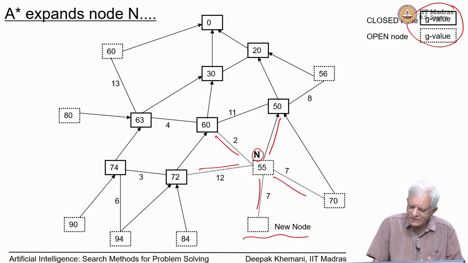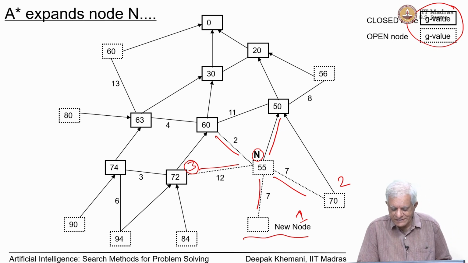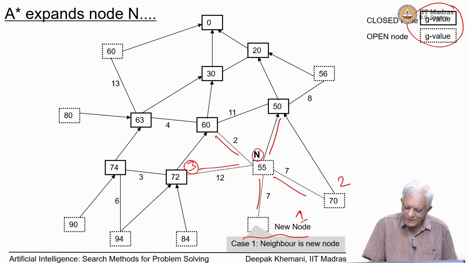The first case is when it is a new node, which means it was not on open. This is case number 1. This is case number 2, where the node is on open, and nodes like this would be case number 3, which means they were already on closed, but we may have found a better path to them. So, after n expands this node 55, all its children are added to the graph.